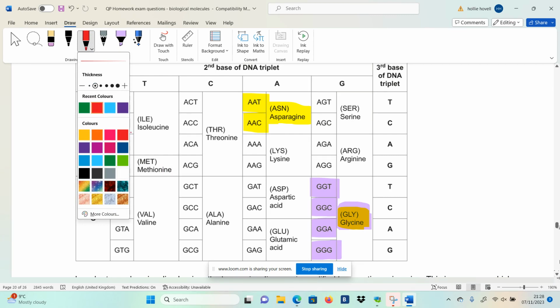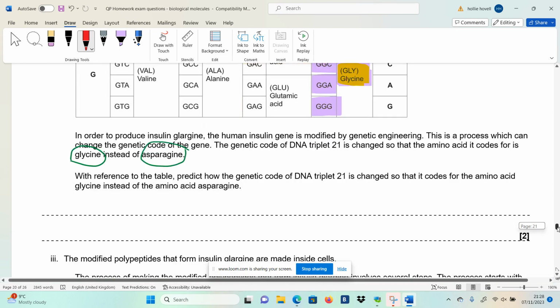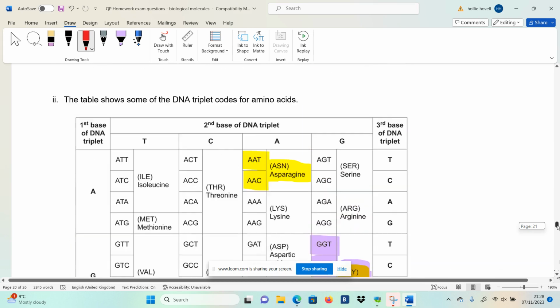So it's obviously started off as asparagine. If you look back down to the question, I just wanted to double check which way round it was. So the amino acid it codes for is glycine instead of asparagine.